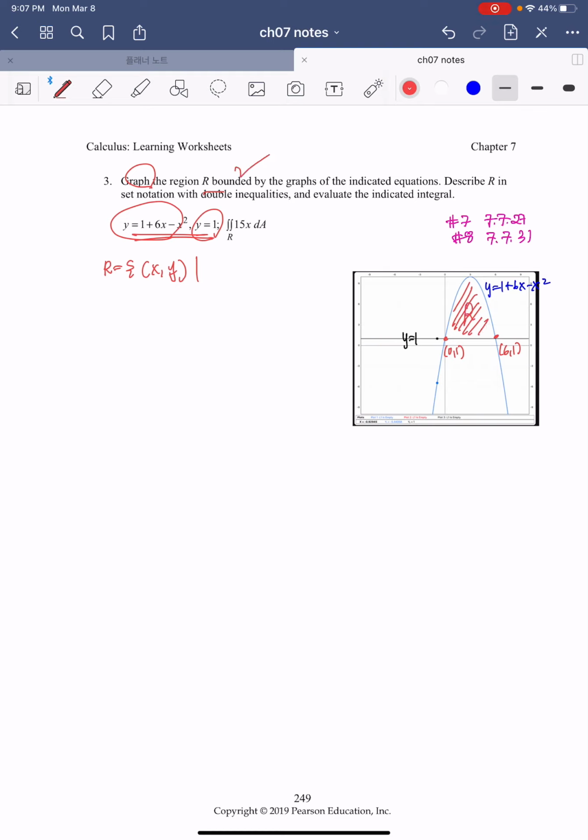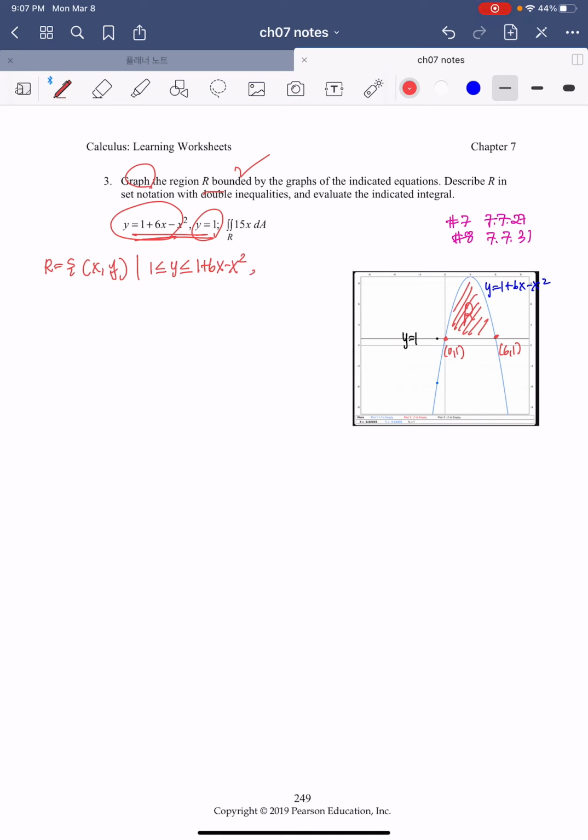So we got that. Now in terms of defining the region, we have R, right? The y value is already given. So y is between 1, starting with 1, all the way up to this whole entire curve, which is 1 plus 6x minus x squared.